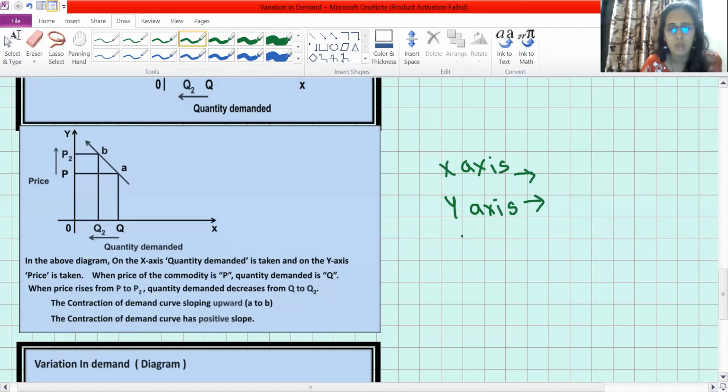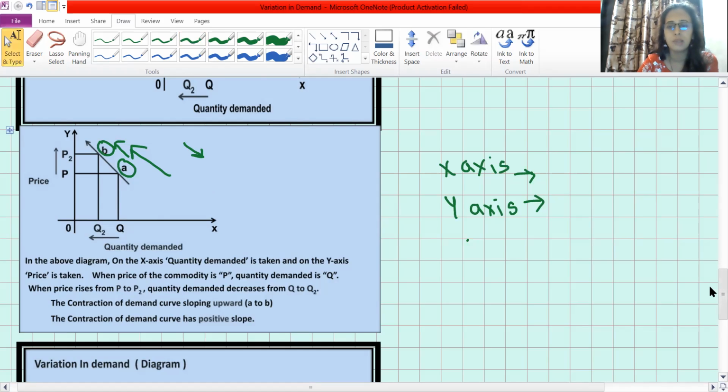Same explanation, and here it is upward sloping. Can you see the movement is now towards upward? Initially you were here, now you have moved to B. Earlier it was like this, now it is moving in the upward direction. So we will say that the contraction of demand curve is sloping upward, there is a positive slope. Okay, got it?